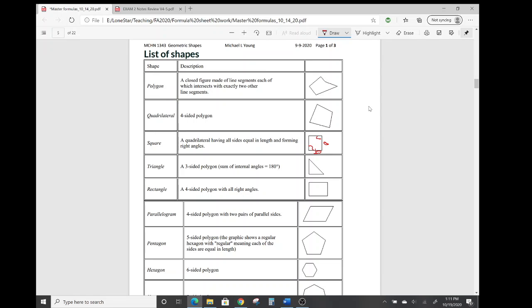A triangle is a three-sided polygon, and we already said the sum of the angles is 180 degrees, and a rectangle is a four-sided polygon with all right angles, and side B does not equal side A. All right.